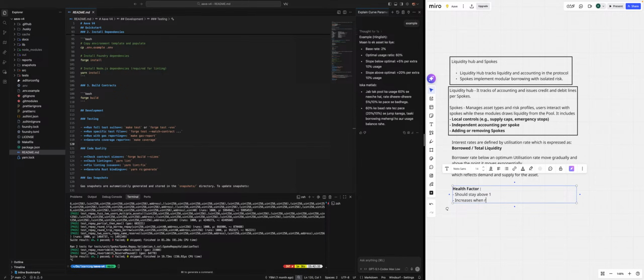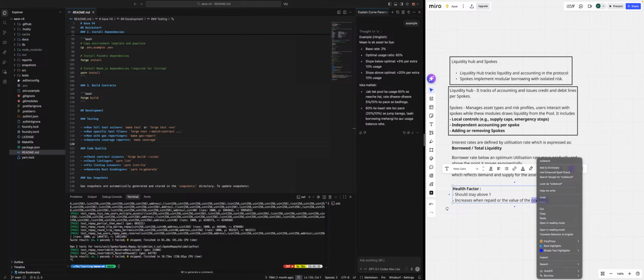Increases when we pay, or on the value of the collateral. How do you spell it? Oh my god.